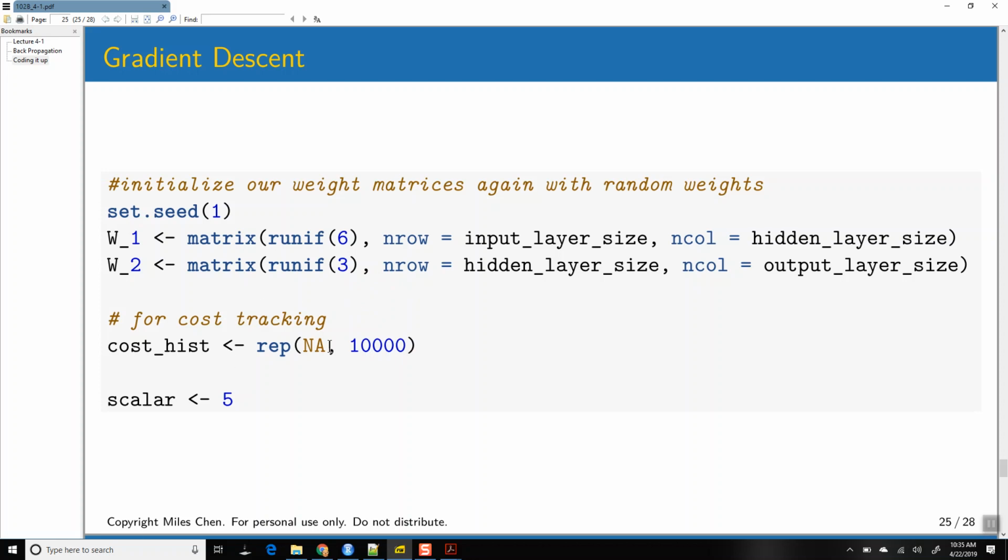And then I create a vector called cost history, just so I can see how our cost function improves. And then the scalar, this is basically the gamma that we're using for our gradient descent. You can play around with this. It turned out a big value like 5 worked for me. So I'm going to do 10,000 iterations of this.